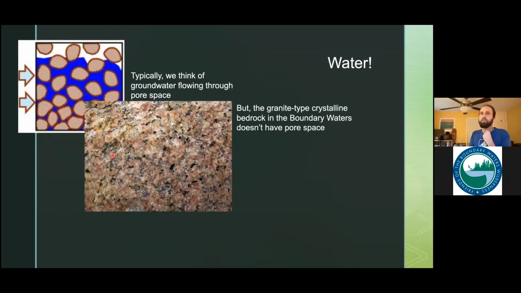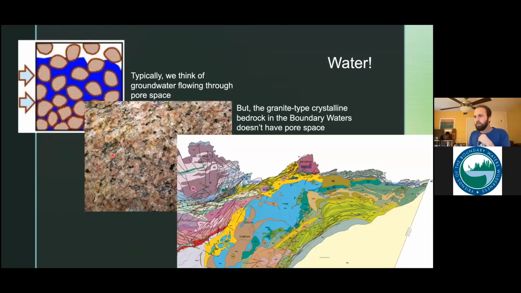So some people assumed that the water wouldn't flow through. But here's a geologic map again. And what we can see is that all these black lines are those faults and fractures. So you've seen this talk, you know how much these rocks have been through over the last 3 billion years. And so there's a lot of fractures and cracks. And so that's how the water can flow.